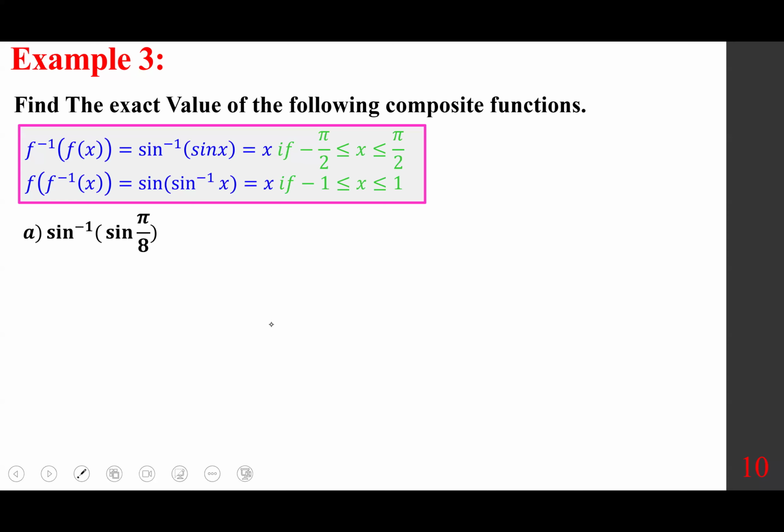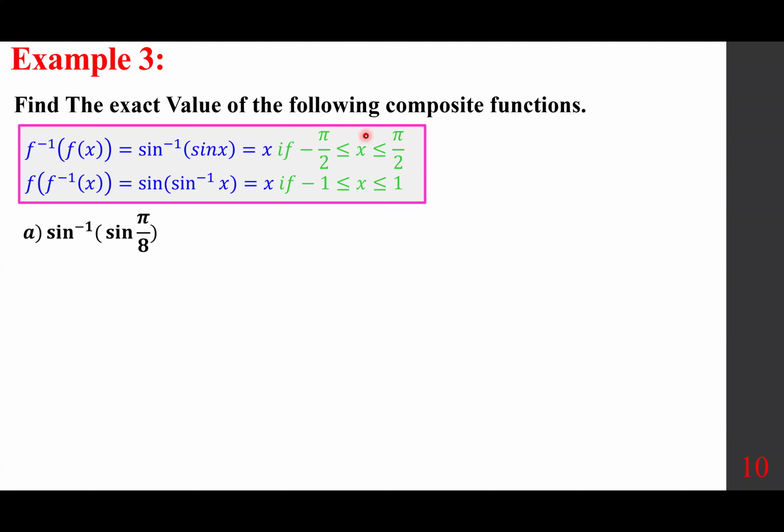All right, let's move on. Find the exact value of the following composite functions. Sine inverse of sine of pi over 8. And again, reminding everybody that sine inverse of sine x gives you x. This is the inner function, so x must be between these two numbers. Having said that, is pi over 8 between these two numbers?